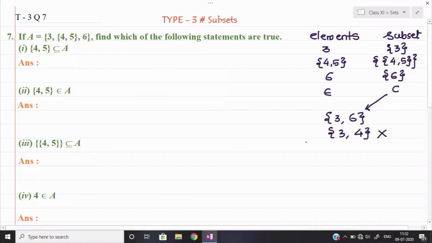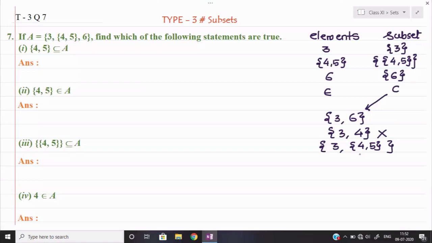So suppose I want to write 3 and then 4 comma 5, I will write in this manner: 3, then comma, curly bracket 4 comma 5. We can say that it is also a subset where 3 is an element and 4 comma 5 along with the curly bracket is also an element. Now I hope the things are more clear to you about these notations.